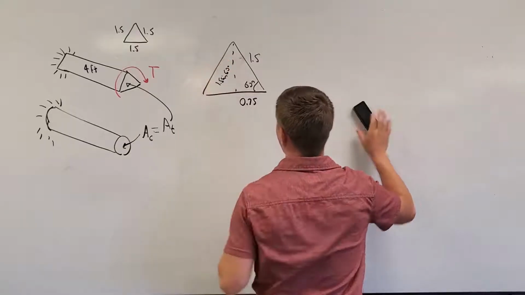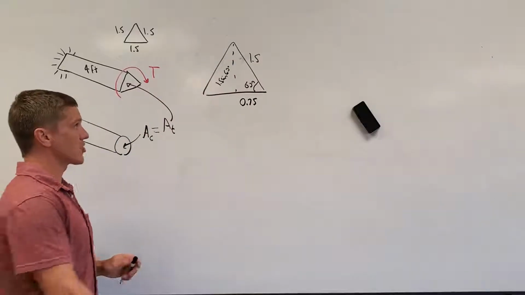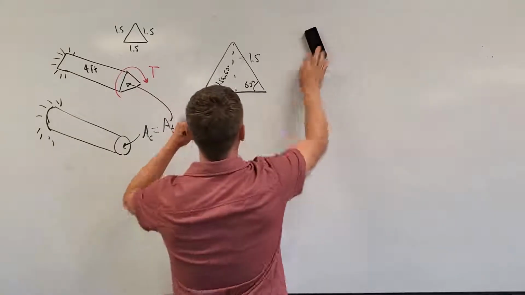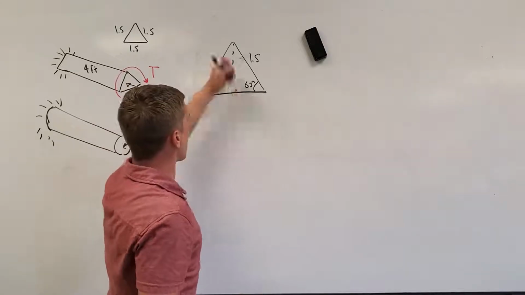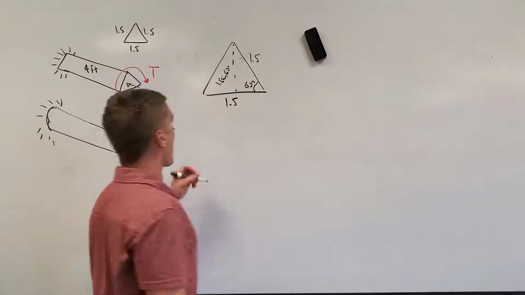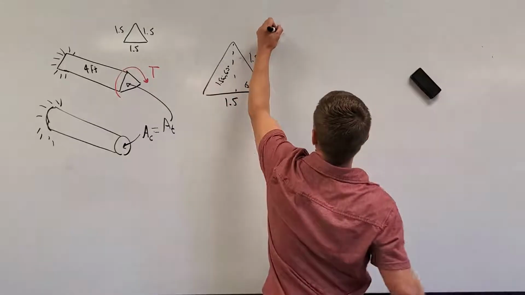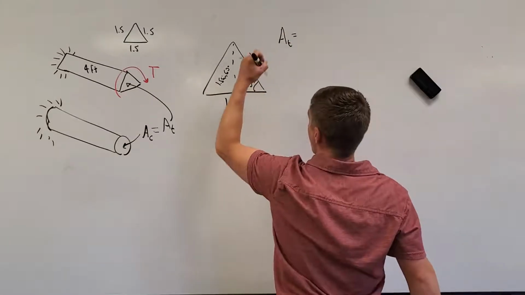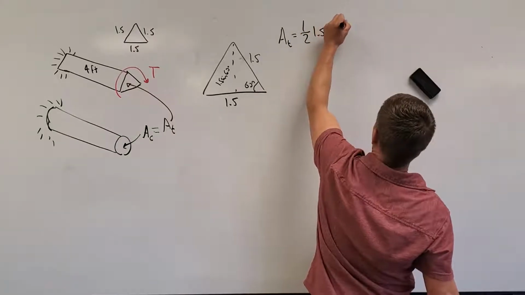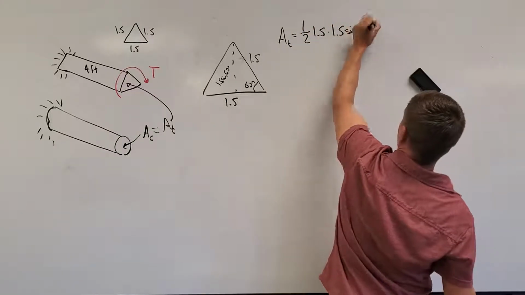I guess I don't have to split it up into 2 right triangles. I can just say that the area of my triangle is still going to be just 1/2 base times height. So this is going to be 1.5. So I end up getting that the area of my triangle is going to be 1/2 times 1.5 times 1.5 sine of 60 degrees.